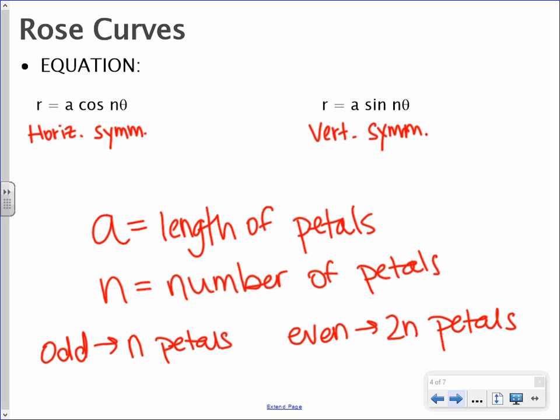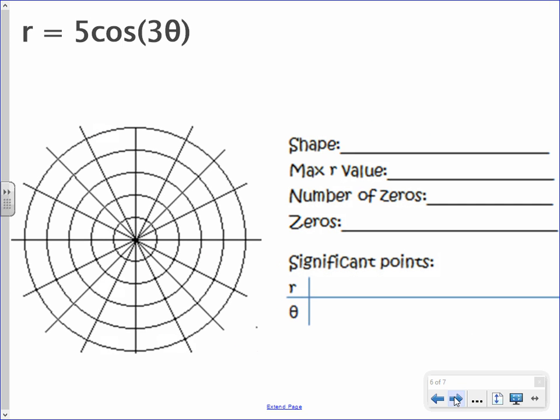We're going to do a cosine and a sine, and we're going to do an even and an odd. There's going to be a big difference between cosine and sine rose curves, so I'm going to make sure we talk about that difference. This is the one I want to do first.